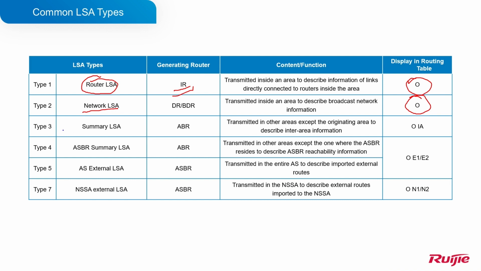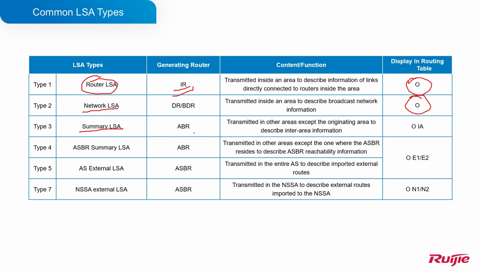And then type 3, which we call the summary LSA information. For the summary LSA, the generating router is the ABR device. The ABR device is connected with two areas, maybe area 0 and another area such as area 1.